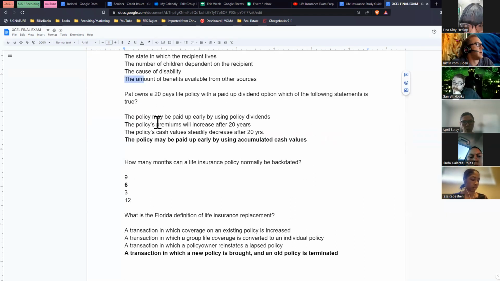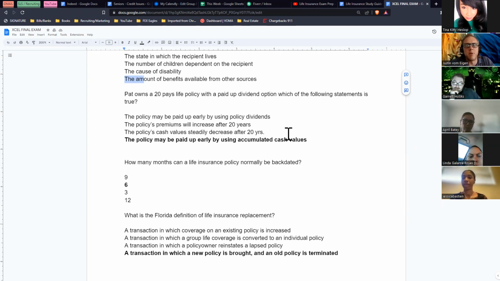So Pat owns a 20-pay life policy with paid up dividend option. Which of the following statements is true? The policy may be paid up early by using accumulated cash values, right? So paid up dividend means that the policy can be paid up early. Anybody know what a paid up whole life means?